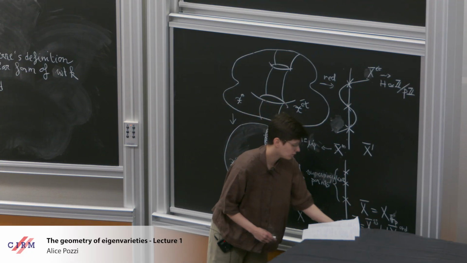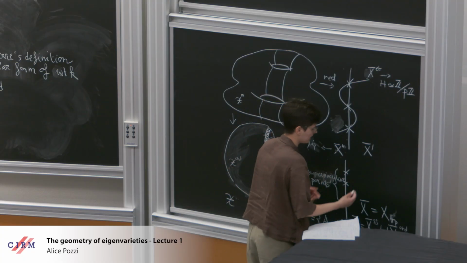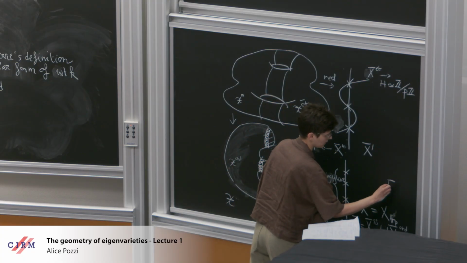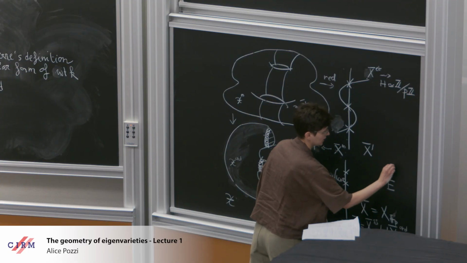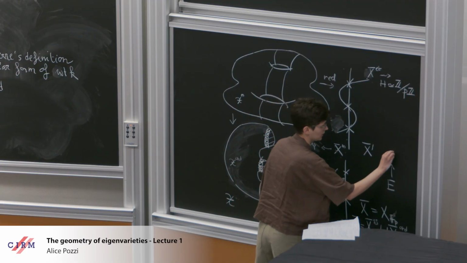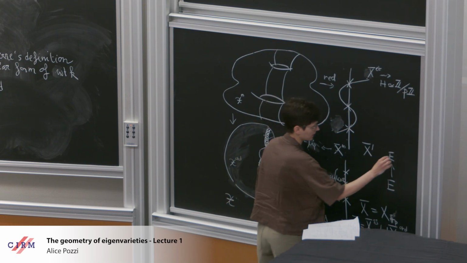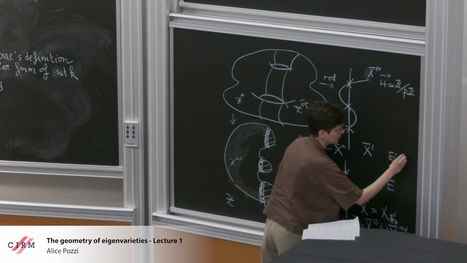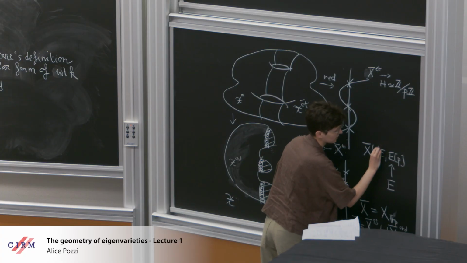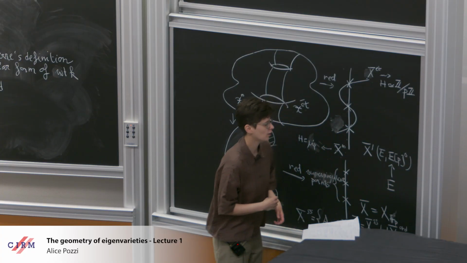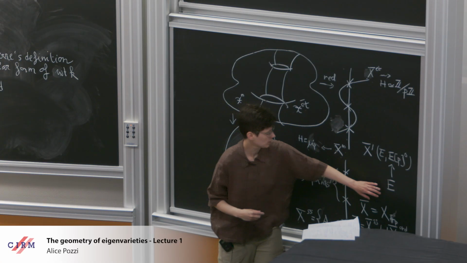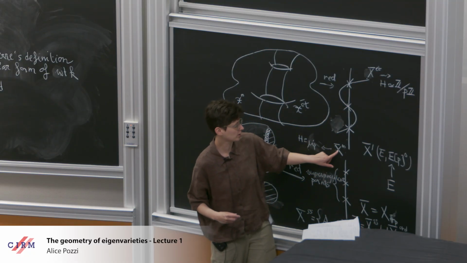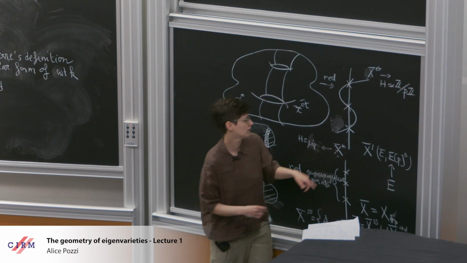In fact, on the ordinary locus, this map has a section, which would be given by taking an elliptic curve and mapping it to the pair of the elliptic curve plus the connected component of the p torsion, which maps the ordinary locus to the multiplicative part.